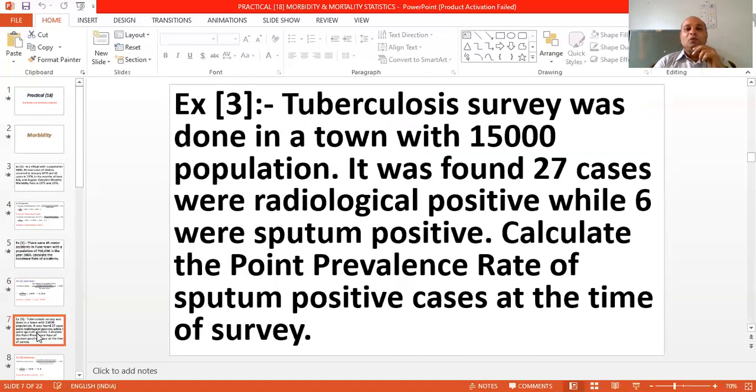Example third. A tuberculosis survey was done in a town with 15,000 population. It was found 27 cases were radiological positive, while 6 were sputum positive. Calculate the point prevalence rate of sputum positive cases at the time of survey.